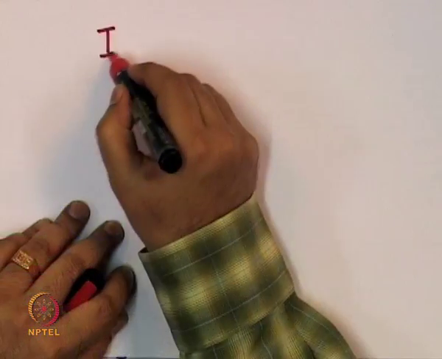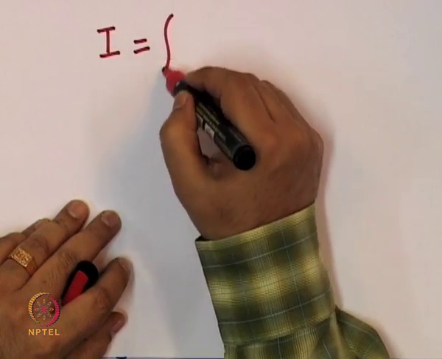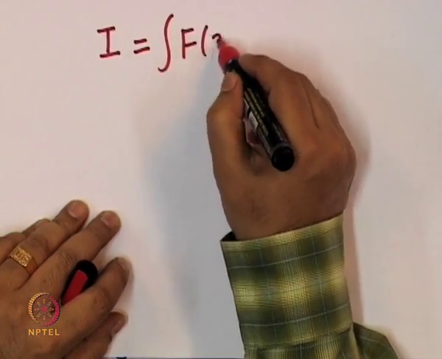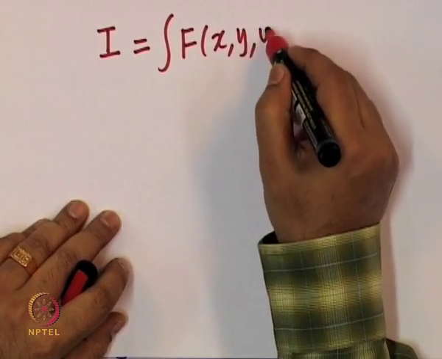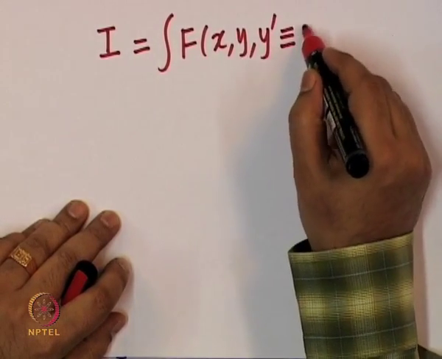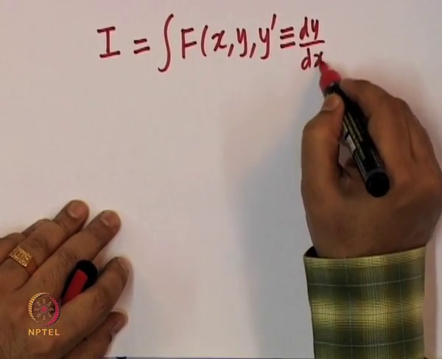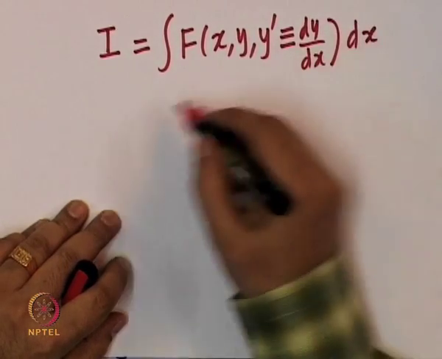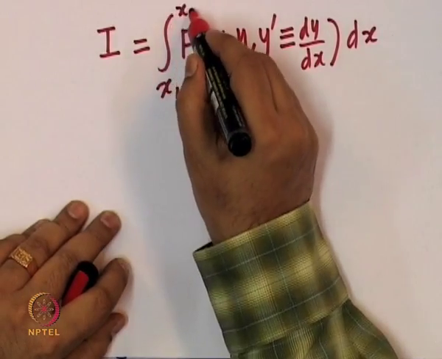In a similar fashion, you can define the first variation for functionals, which is what we derived. We defined the functional I as an integral of f of x, y, y prime, where y prime is nothing but dy by dx, integrated over dx from point x1 to x2.